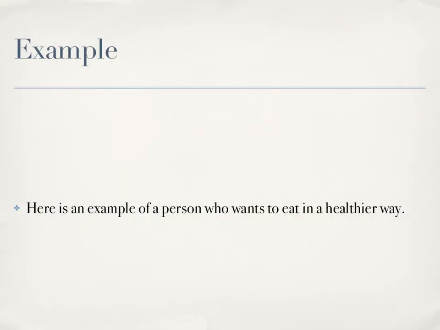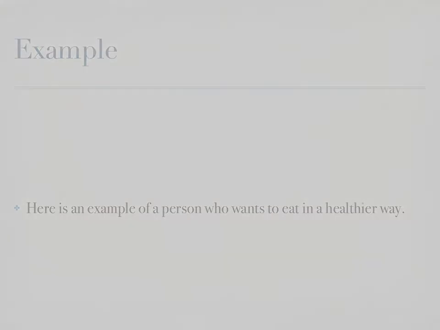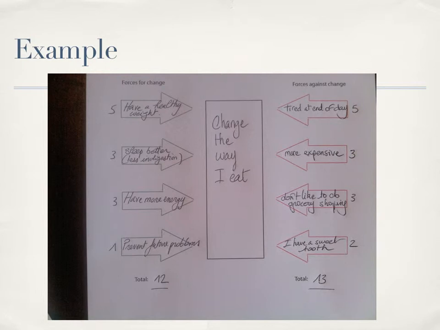Here's an example of a person who would like to eat in a healthier way. You can see in the middle she noted the change she'd like to make: I'd like to change the way I eat. And on the right side, here are the different points of resistance.